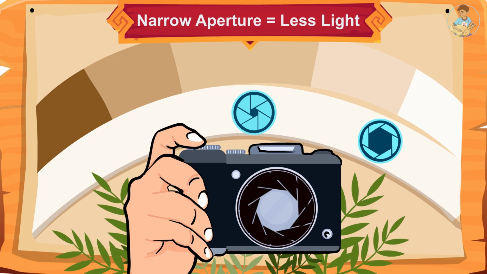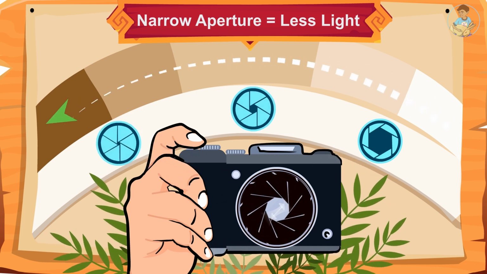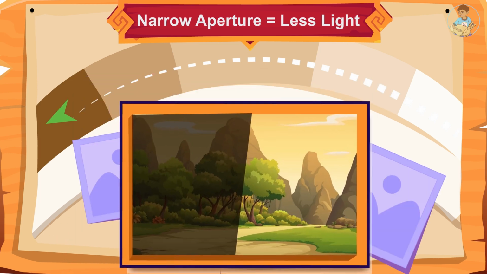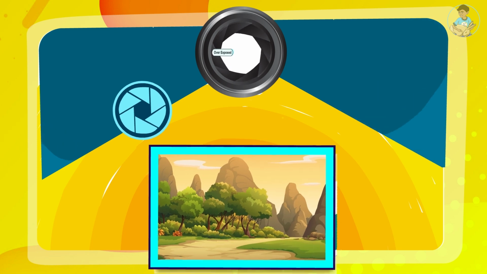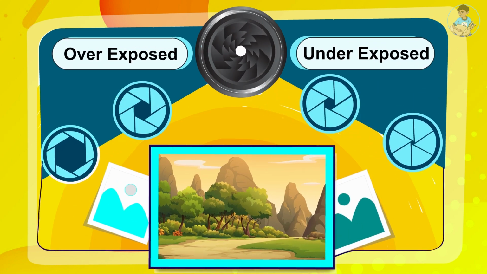On the other hand, when the aperture opening is narrow, this will limit the amount of light that passes through the camera lens. Hence, the image formed would be darker due to low exposure to light. Too much light can lead to an overexposed image and too little light can result in an underexposed image.